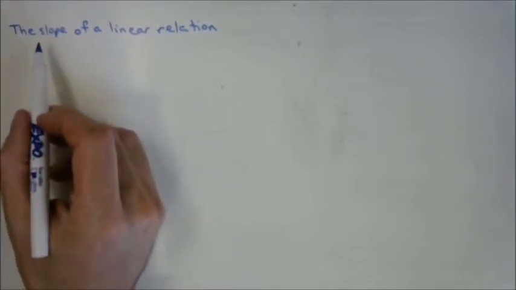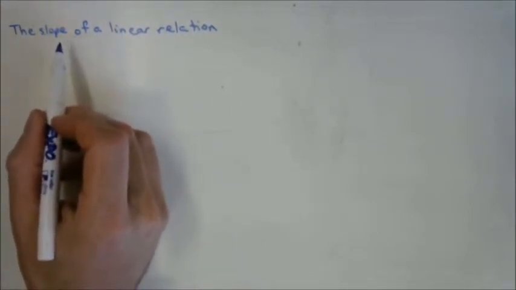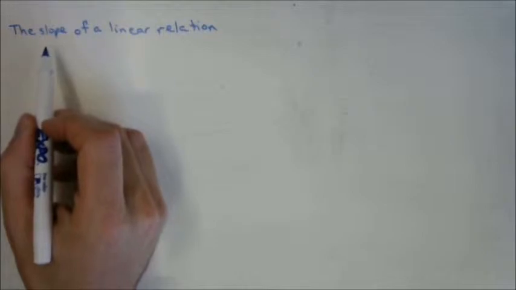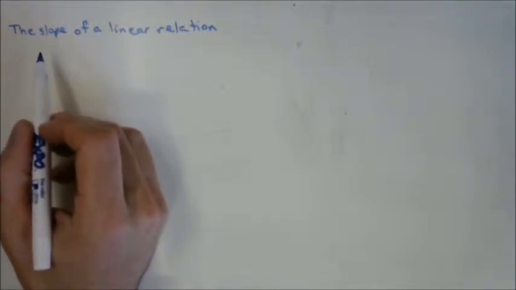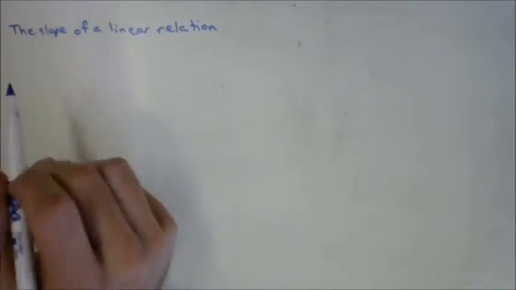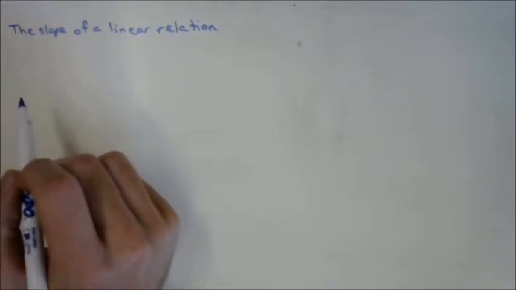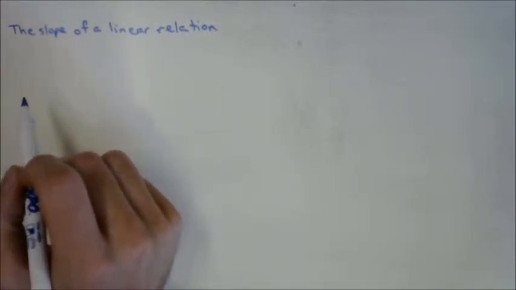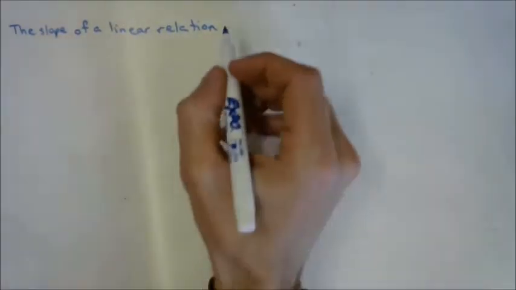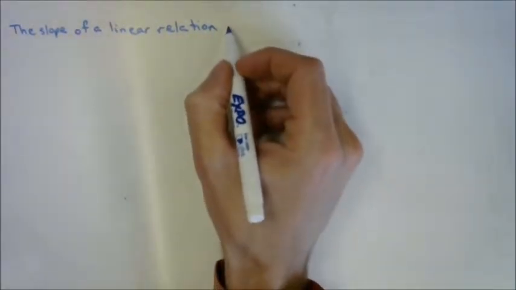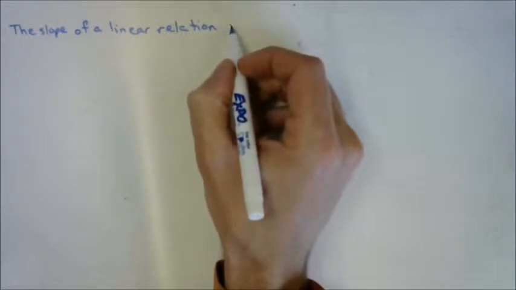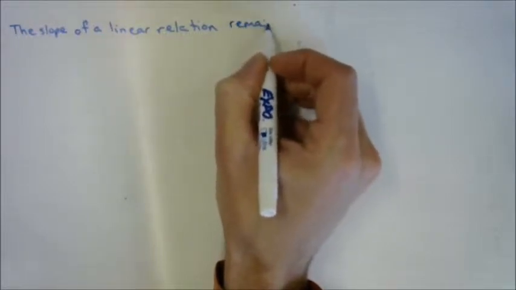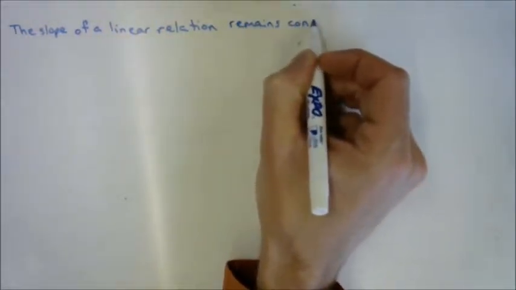What's true about the slope? It might be positive, it might be negative. In that example, it was positive. It's a line, so the slope of the line is constant. The slope of a linear relation remains constant.